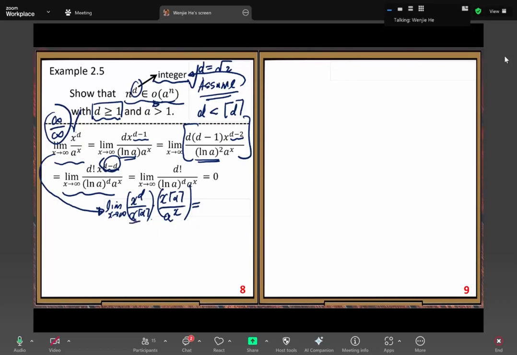The first fraction: do you agree our numerator is less than the denominator? The denominator is larger because the exponent is larger, right? x is a very large number.